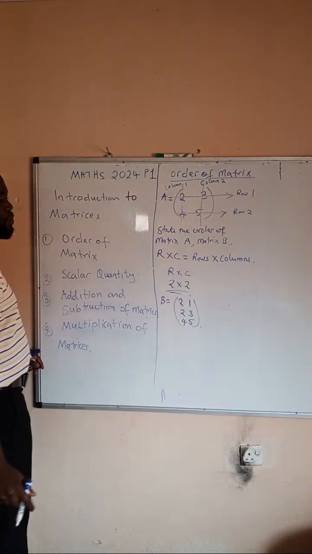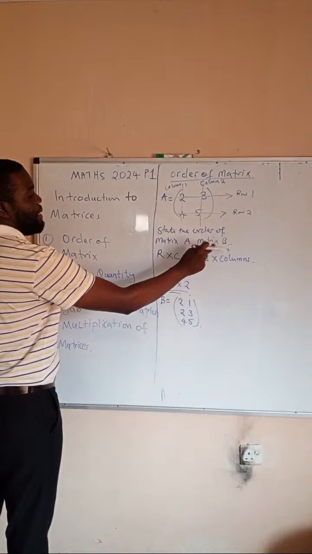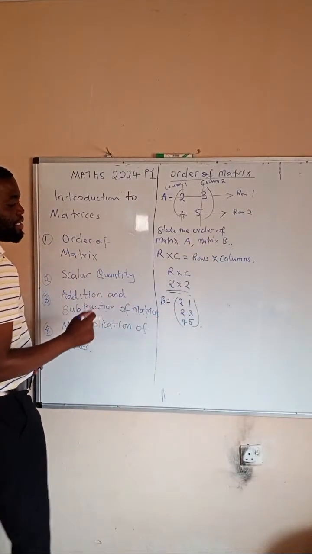What about matrix B? What is the order of matrix B? So we state the order of matrix A, comma, matrix B. We are stating the orders of all these matrices.